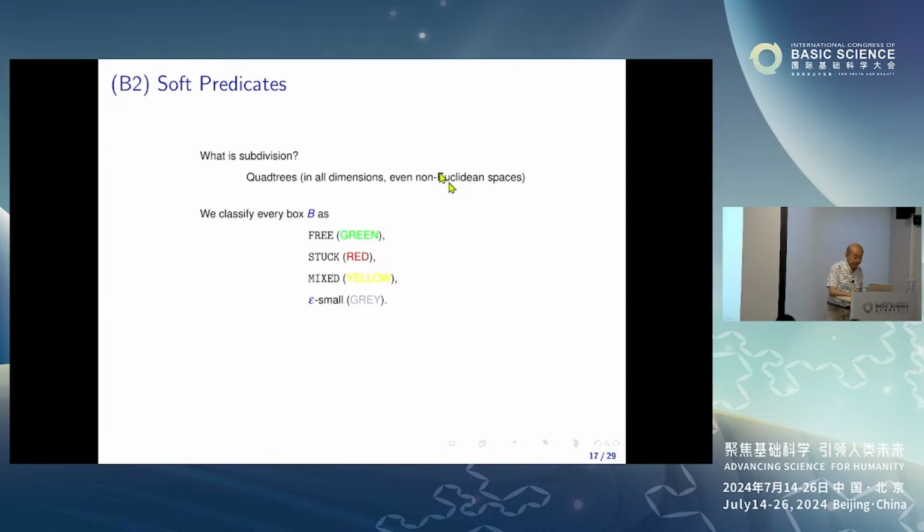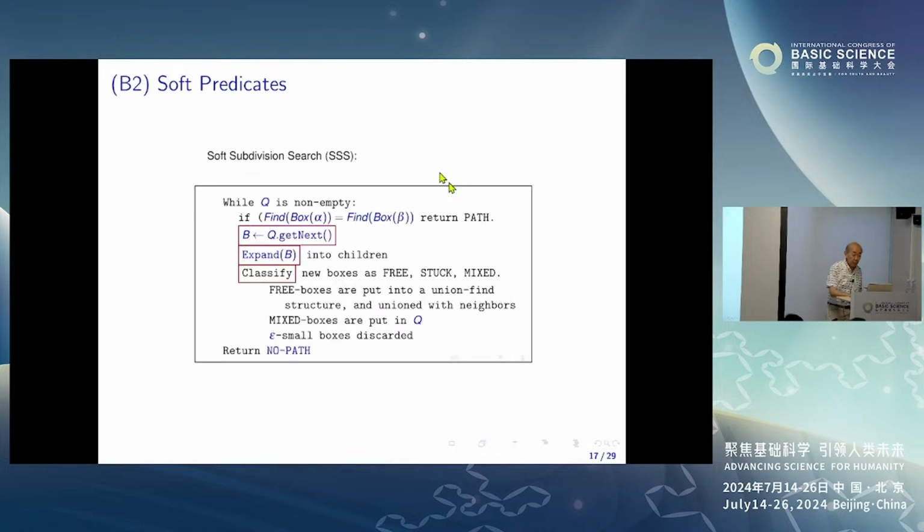We're doing that. The subdivision, what I call search. While the queue is not empty, you just that you split by the green, red, you're done. If it's yellow, and you prove that this is correct.